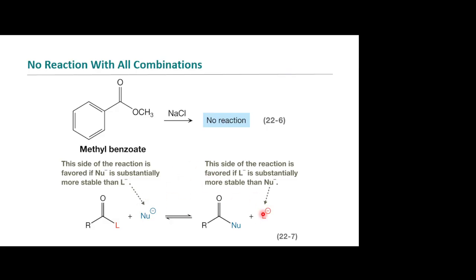Which side is lower energy? And so the side of the reaction is going to be favored if the nucleophile is substantially more stable than your leaving group, right? With a negative charge. And so in this case right here, the alkoxide is a lot less stable than the chloride, right? Everybody's okay with that?